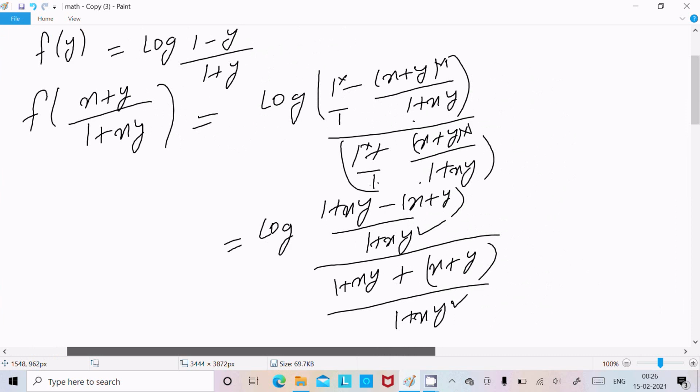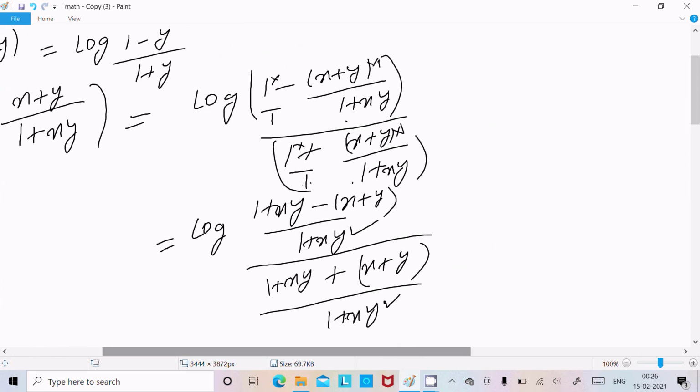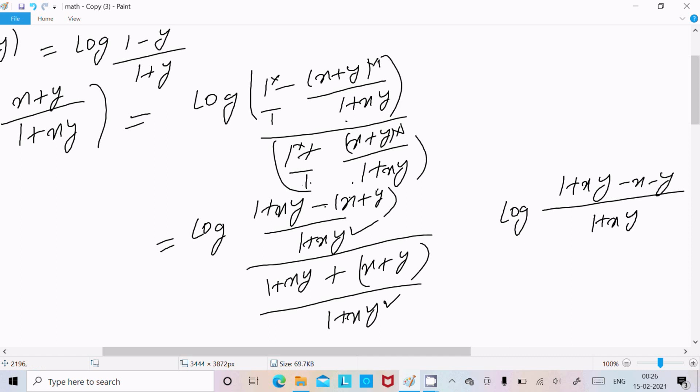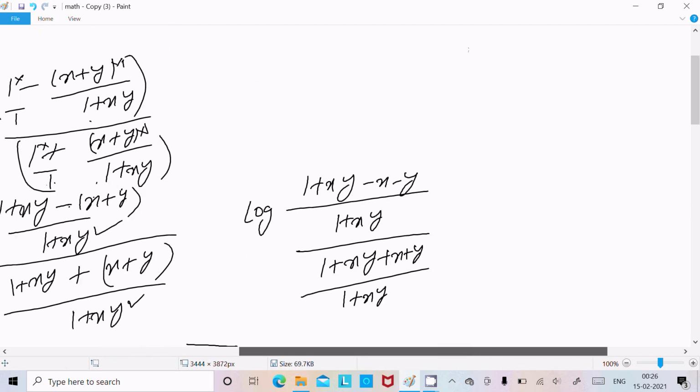Now hereafter we write log again, (1 + xy - (x + y)) divided by (1 + xy + (x + y)), where the common 1 + xy in numerator and denominator is going to cancel.